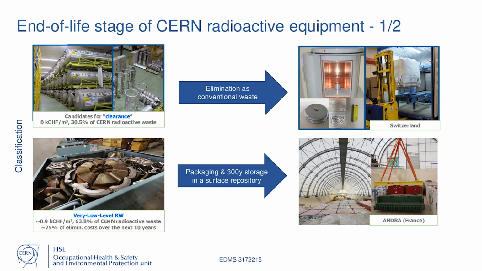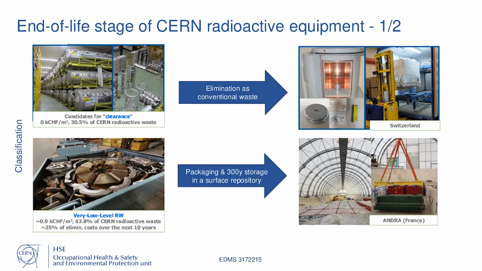Then about 64% of our waste is slightly radioactive. It is eliminated in France, where it is stored in a surface facility, where it is monitored, and after 300 years, it has become conventional material. Radioactivity has the nice, let's say, feature that it fades away with time, and this kind of waste after 300 years is just conventional material.